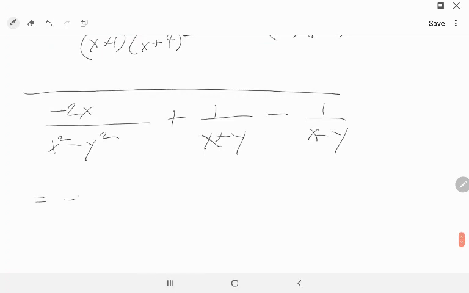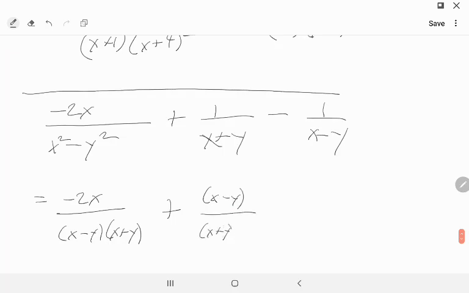And so we're going to get negative 2x divided by x minus y times x plus y, plus, we're going to need a common denominator of x minus y times x plus y. So we're going to have x minus y divided by x plus y times x minus y, minus x plus y divided by x minus y times x plus y.